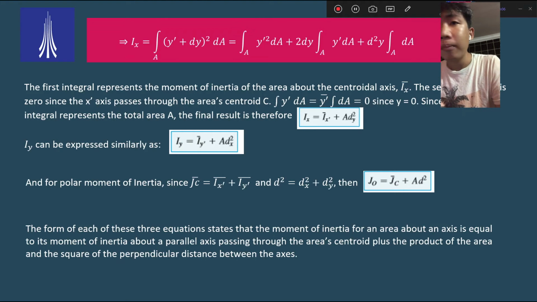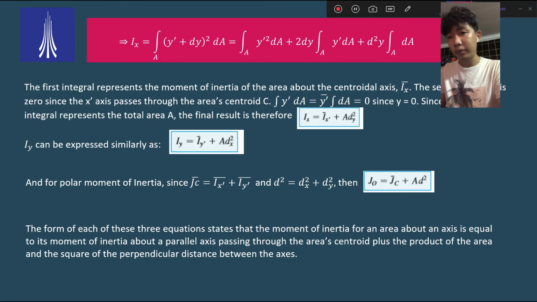The second integral is 0 since the x' axis passes through the area centroid C, so that the integral of y' dA is equal to y bar' times the integral of dA, which is 0 since y bar' is equal to 0. Since the third represents the total area A, the final result is Ix equal to I bar x' plus A dy squared. And similarly, Iy is equal to I bar y' plus A dx squared.